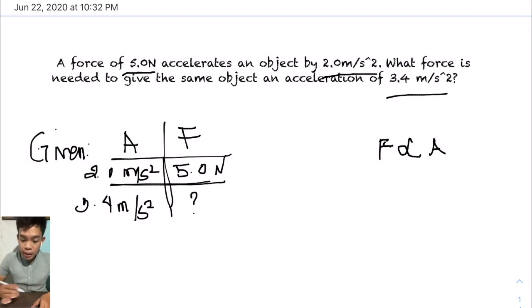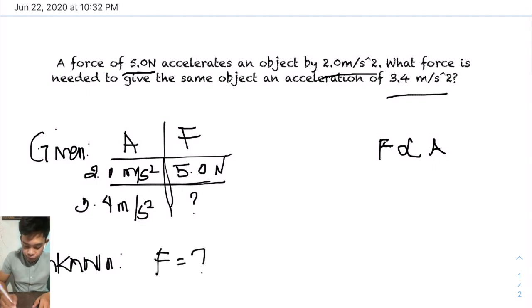Let's find the answer by plugging in our formula. Please take note that I'm following the GUFSA pattern in solving problems: given, unknown, formula, solution, and answer. For our unknown, we are asked for the force of the object.